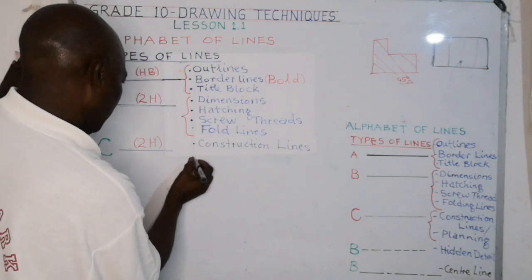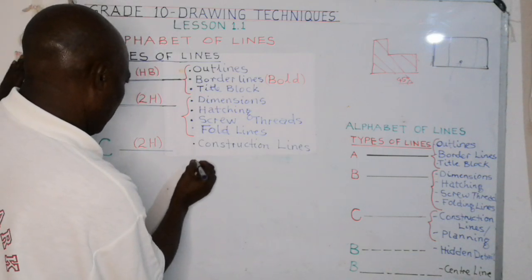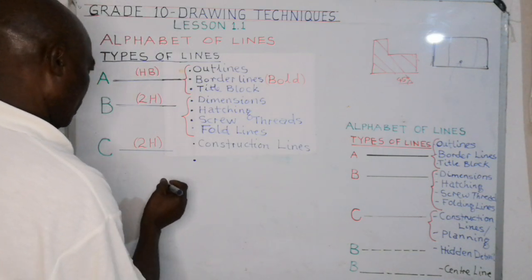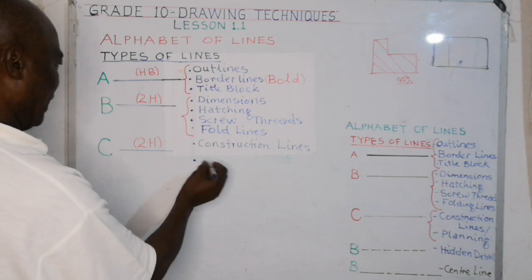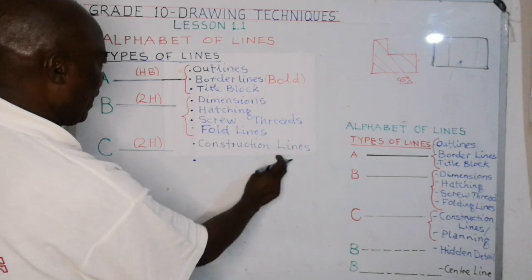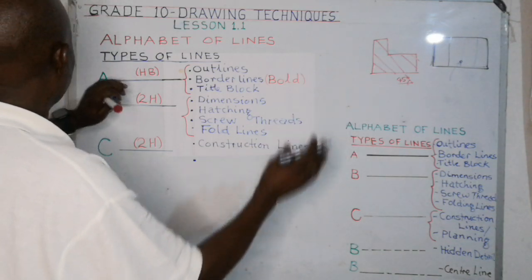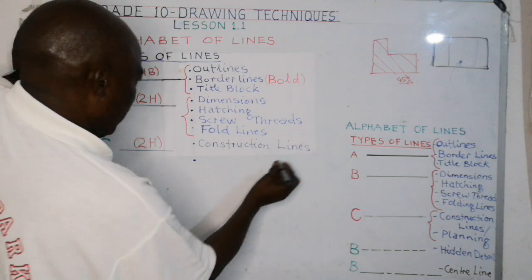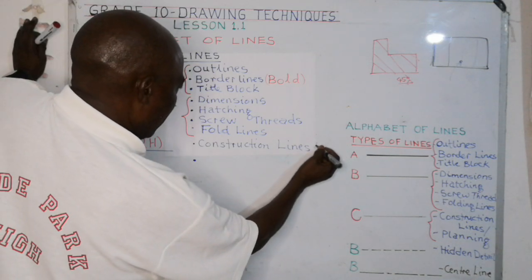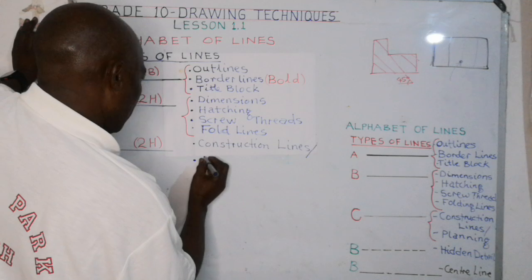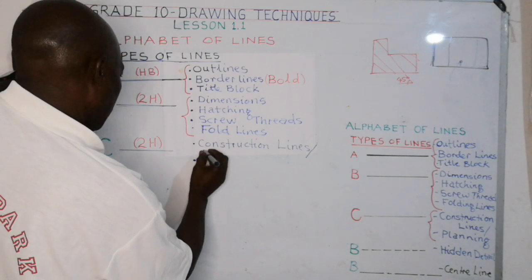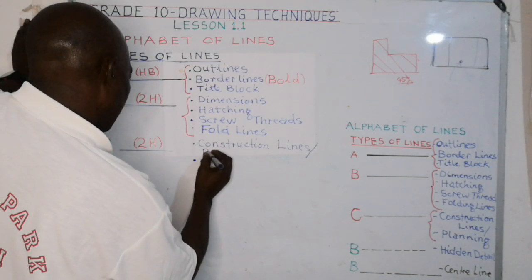Construction lines, or planning, because construction will be planning your solution, okay, something like that. So I'll put an oblique line here. Let me just write planning here.